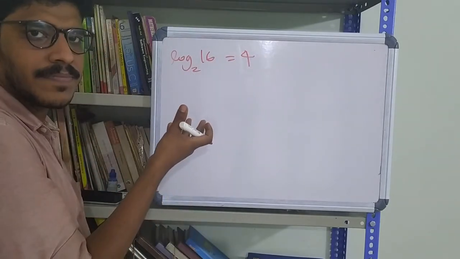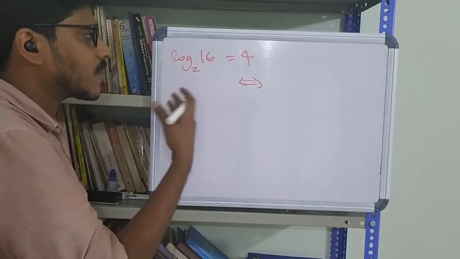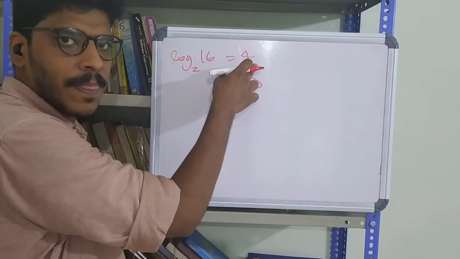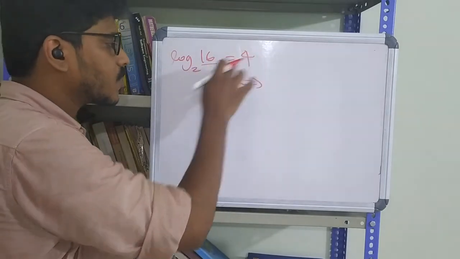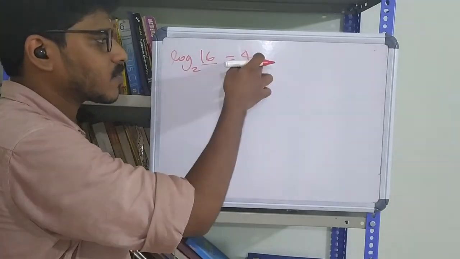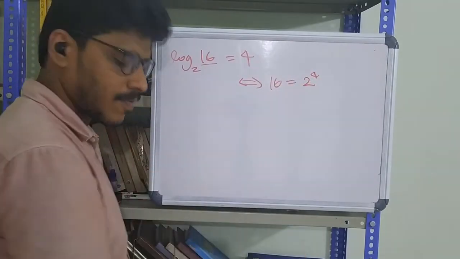This is equivalent to saying that to get 16, 2 has to be raised to the power of 4, or simply 16 equals 2 raised to 4.